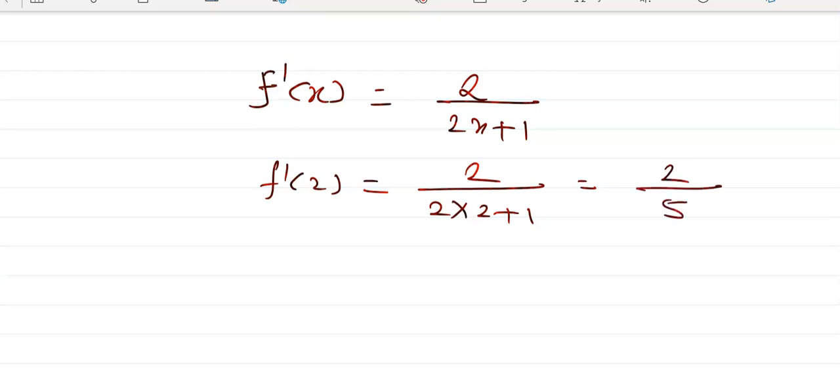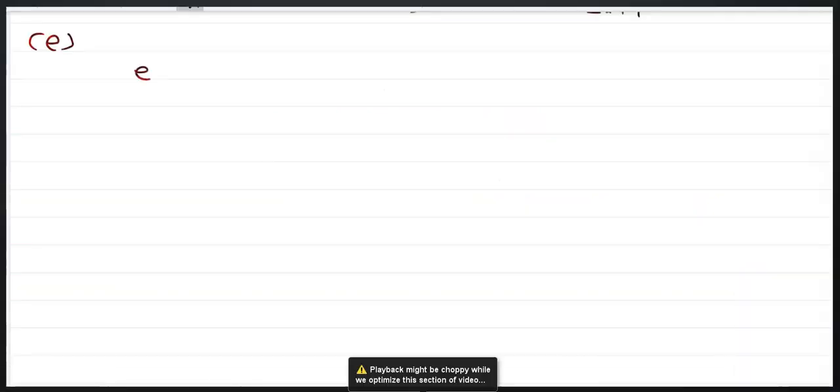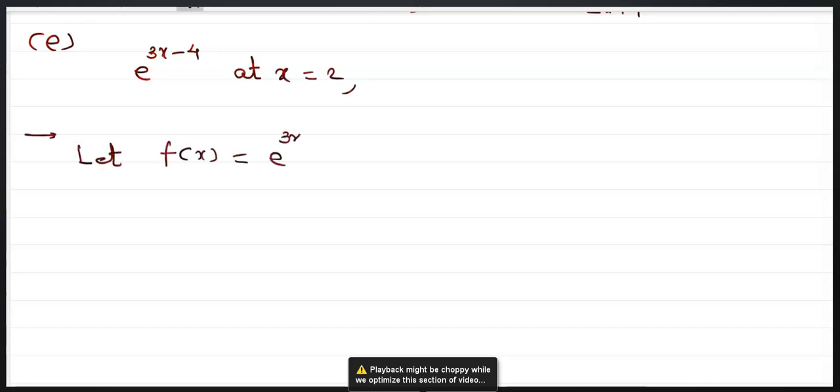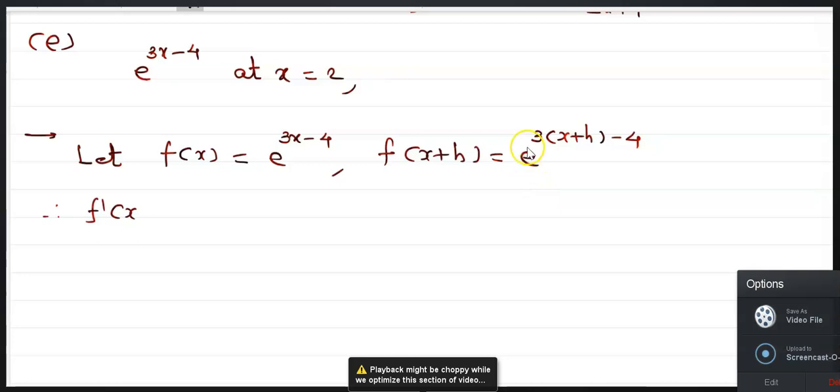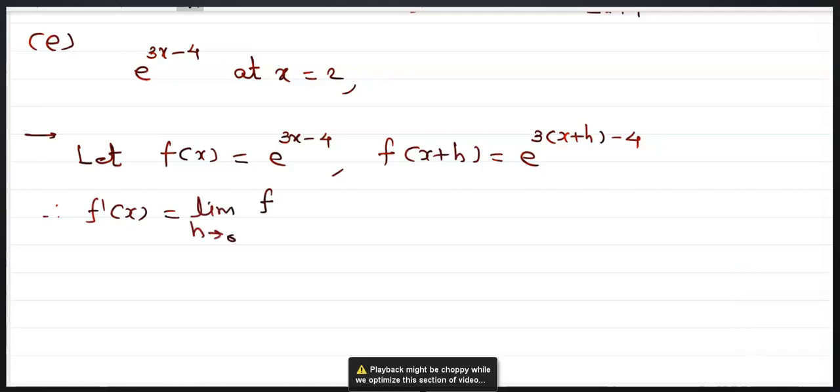Now next, e raised to 3x minus 4 at x equal to 2. Therefore, f of x is equal to e raised to 3x minus 4. f of x plus h is equal to e raised to 3 in bracket x plus h minus 4. Therefore, f dash of x is equal to limit h tends to 0 f of x plus h minus f of x upon h.